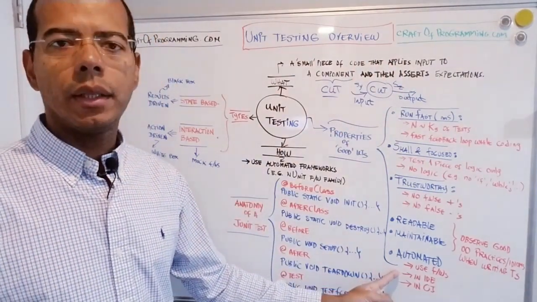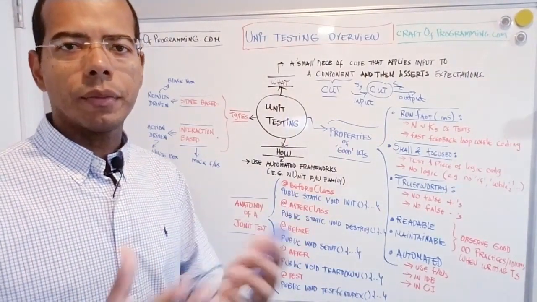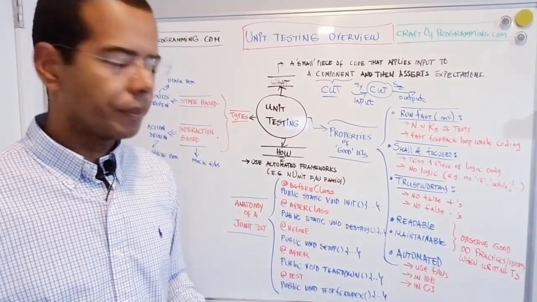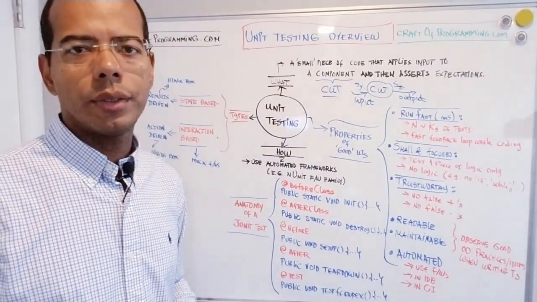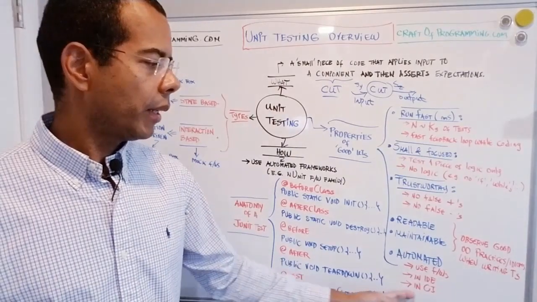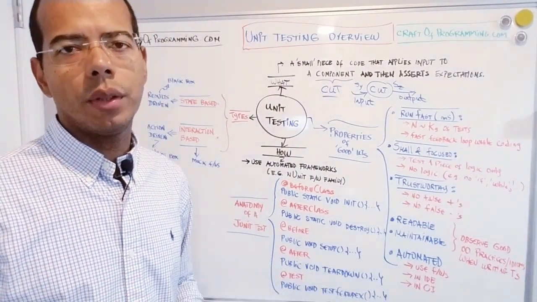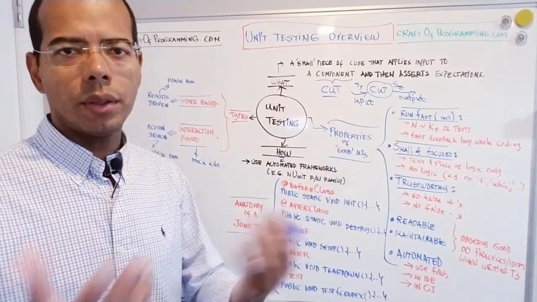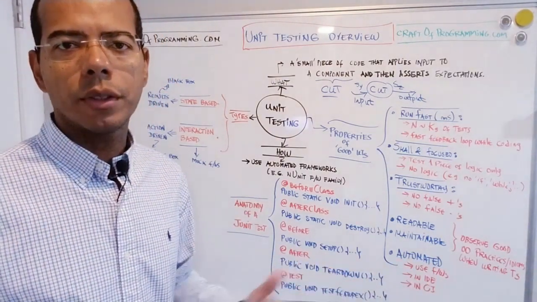Any modern IDE, be it IntelliJ IDEA or Eclipse or NetBeans, has full support to run unit tests. And automation is also at the level of continuous integration systems like TeamCity or Jenkins. Here, it's important that the unit tests are integrated with your builds so that every time you do a commit, it triggers a build and your tests are run. And the support for all of this is obviously through frameworks.